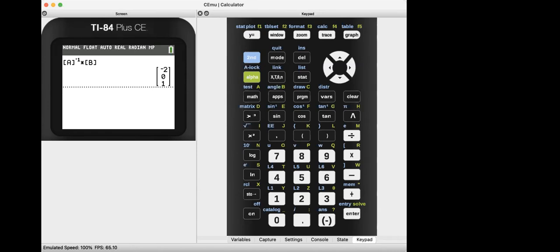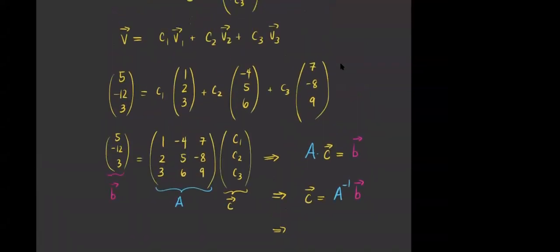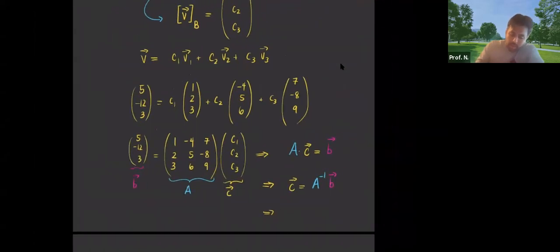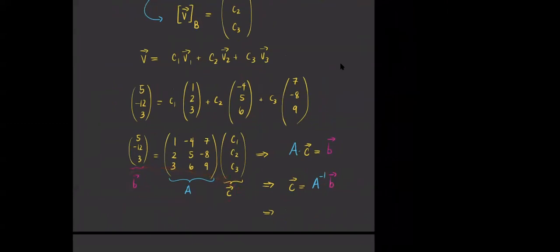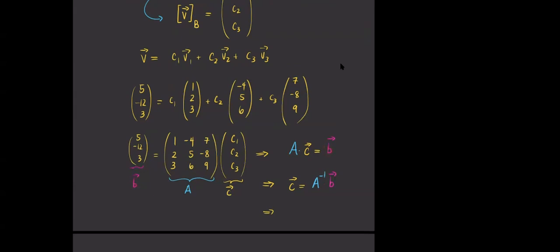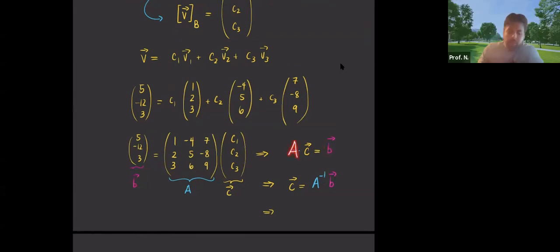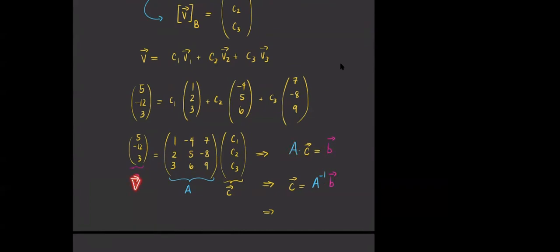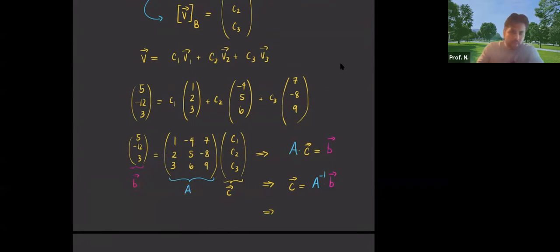The reason I write it this way is to give you a flashback to what we normally were doing at the beginning of the semester, which was to solve a matrix equation, AX equals B. That's why it's called B. But in reality, this should be V. There are many ways to rename the vectors.